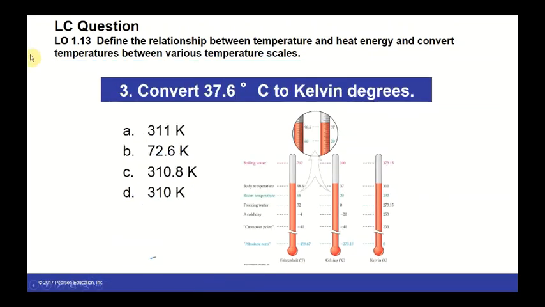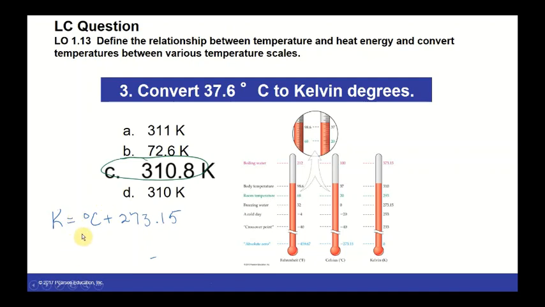Okay, let's try another. Convert 37.6 degrees Celsius to kelvins. Well, if we use the full value and our equation, we know that Celsius plus 273.15 gives us 310.75, which rounded off will give us 310.8.